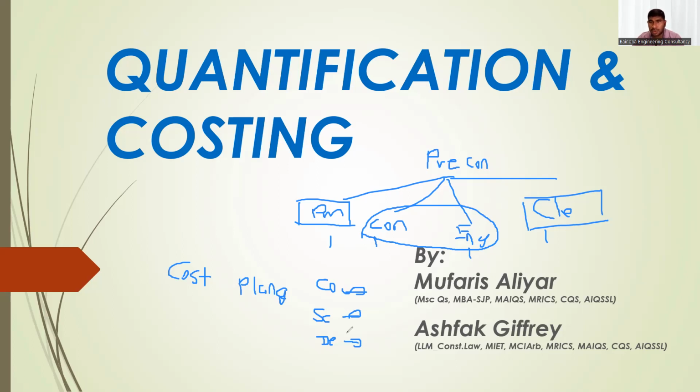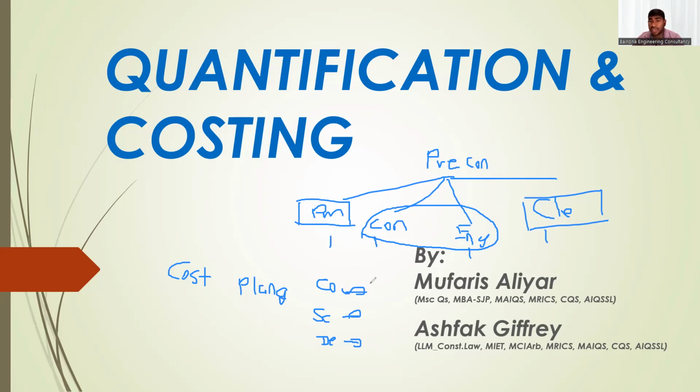But the consultant QS doesn't know about that. He just puts 35. So when the client QS or the PMC QS looks into those prices, they feel something is wrong. Then they will make a comment to the consultant QS: Mr. Consultant QS, you made a cost plan, and the prices you assumed are wrong because of this reason.